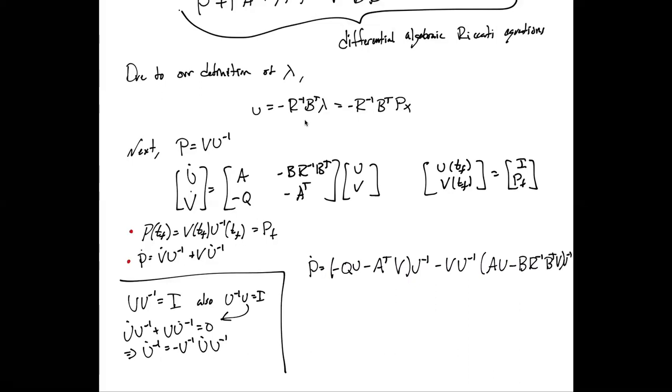Kind of squished up there. All right. Which then through some mathemagic results in P dot is equal to negative Q minus A transpose P minus PA plus P B R inverse B transpose P.